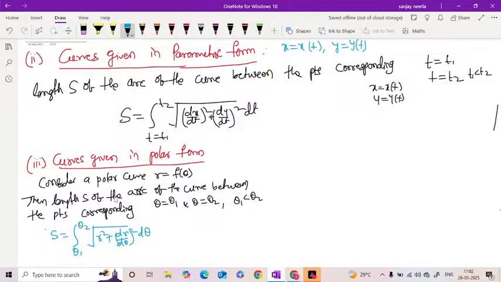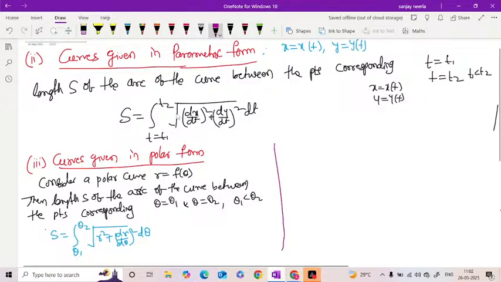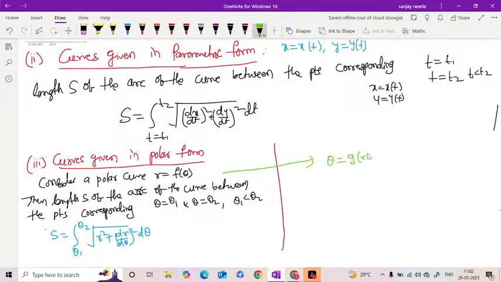Again here we have to write in another form. Same, I am taking here the curve is theta is equal to function of r, and I am taking the limits r is equal to r1 to r2.